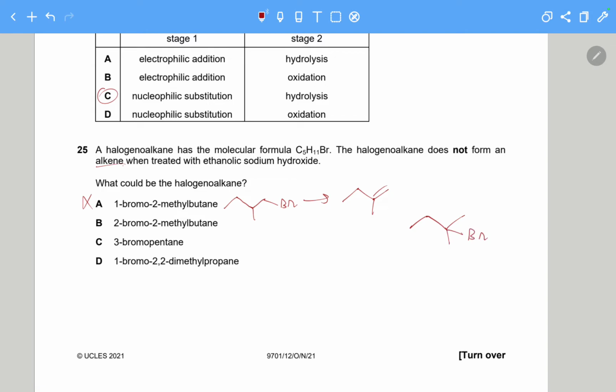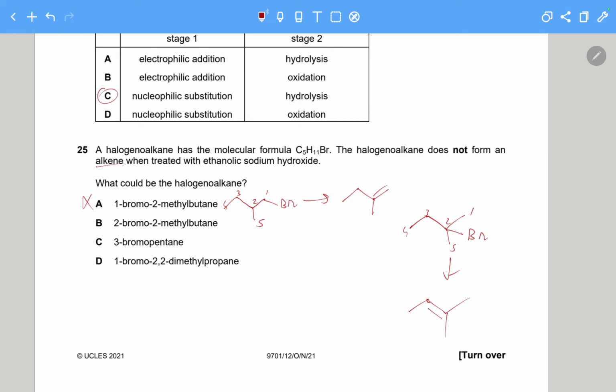I'll number the carbon atoms. So 2-bromo-2-methylbutane. And this can also have elimination to give the alkene, this one.